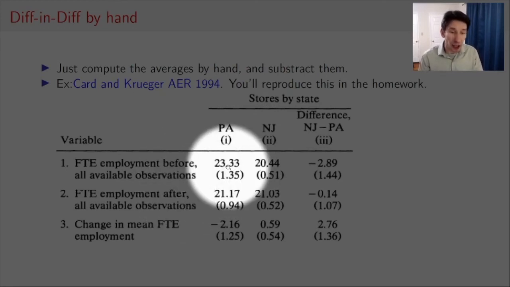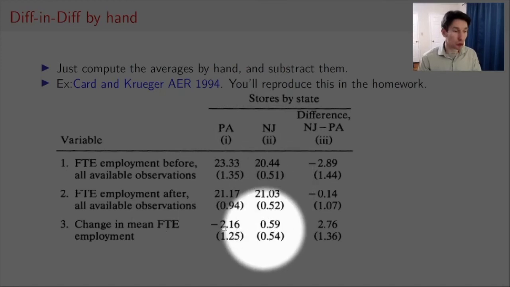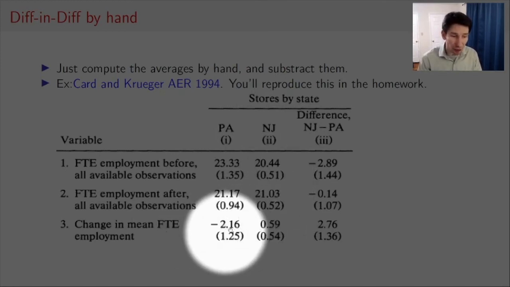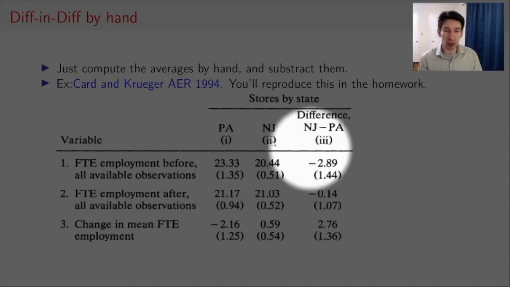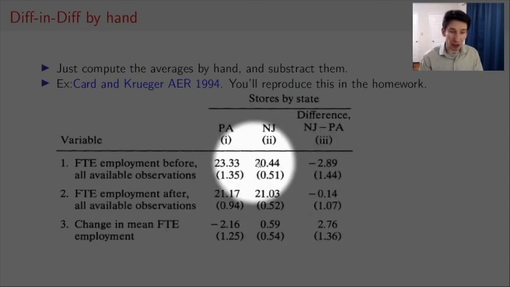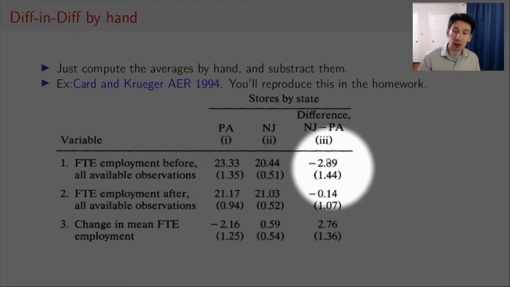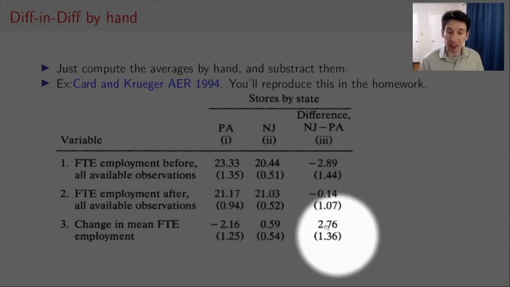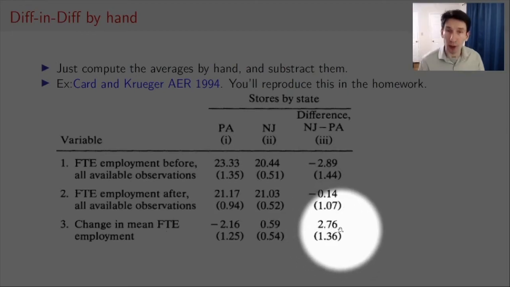Then they take the difference for Pennsylvania, the difference for New Jersey, and then the difference between those 2 differences. And of course, reciprocally, you can have the difference between Pennsylvania and New Jersey before, the difference between Pennsylvania and New Jersey after, and the difference of these differences is the same number which you find in this corner. And so one of the exercises you'll have to do in your homework is to reproduce this number in this corner.